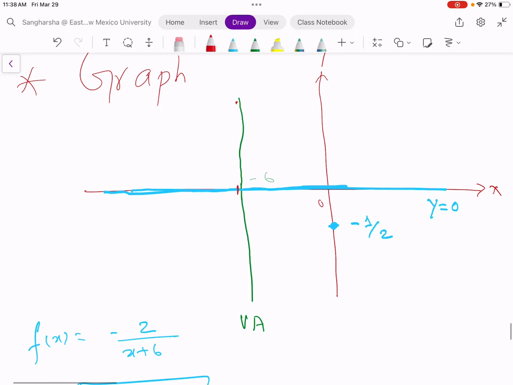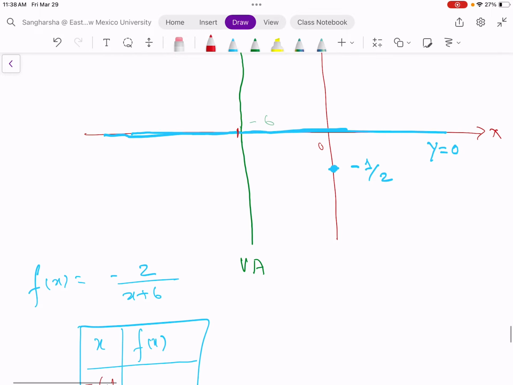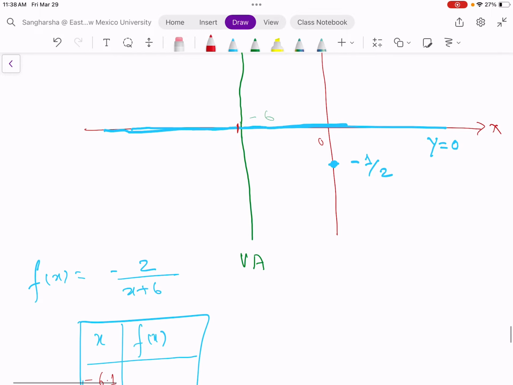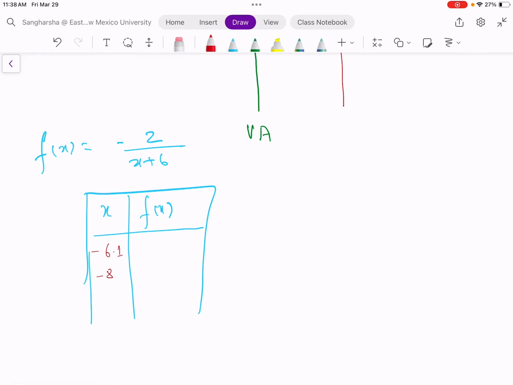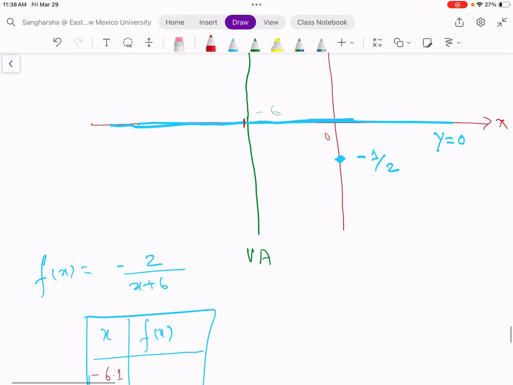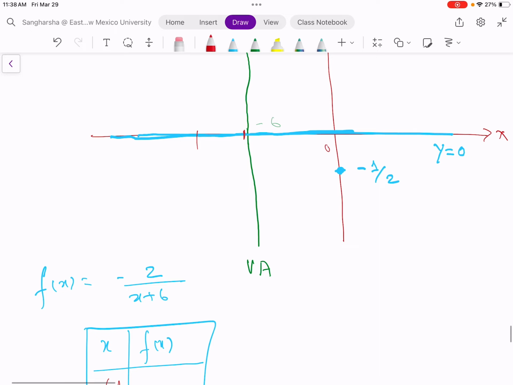Now let's choose some other number. If you have one very close, that should be enough. Let's choose -8, any number on the left side. If x is -8, what happens? -2 divided by (-8 plus 6), that is -2 divided by -2, we get 1. So when x is -8, we get 1.